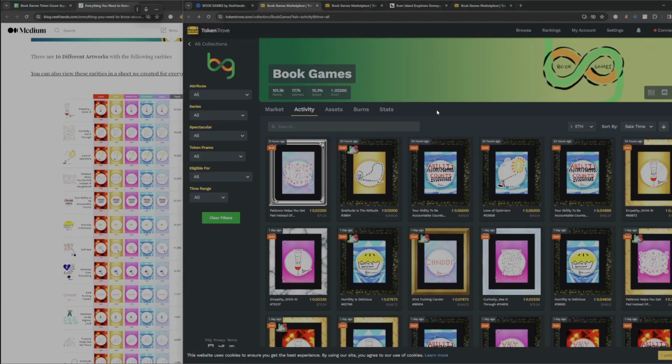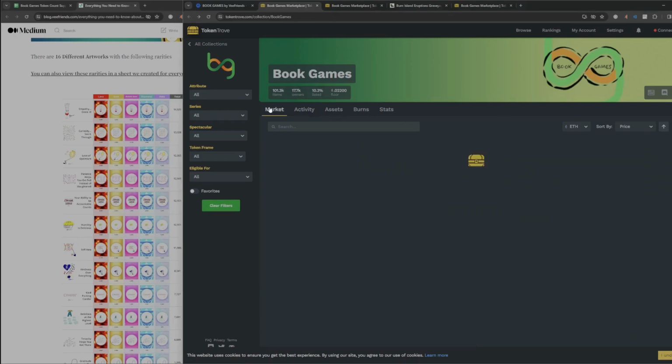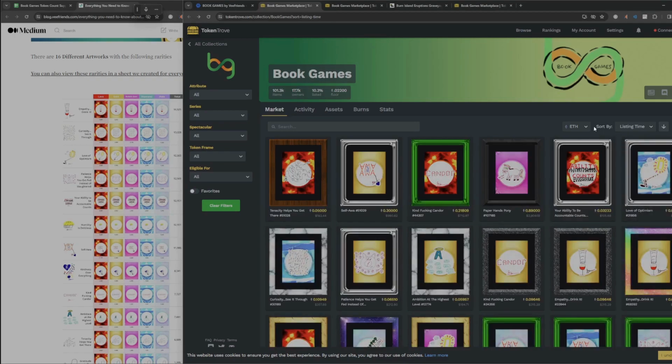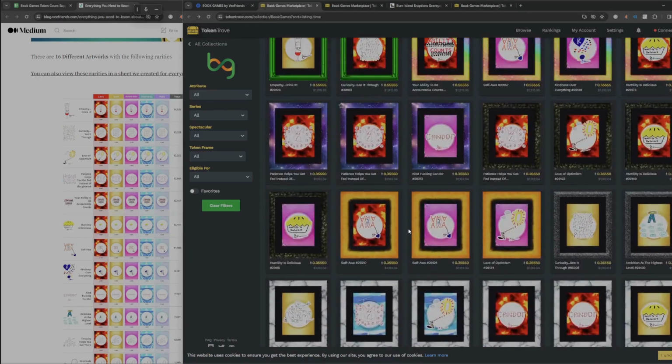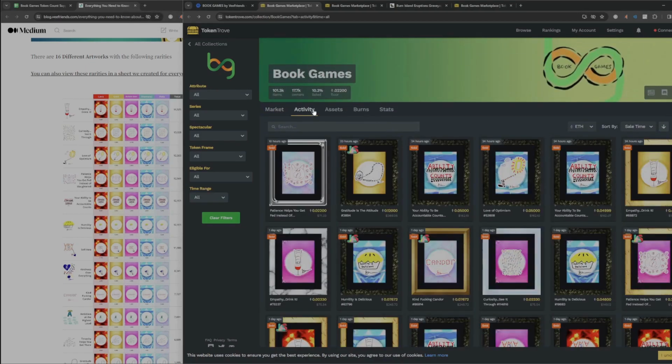So this is part two of, so you finally made it to Token Trove. We're in the activities section, and we changed the sort by from price to sale time. This is crucial because you may or may not be able to use this in terms of how you are able to actualize or be actionable in the marketplace, but this will definitely give you positive signals, similarly to checking market and sorting by listing time, to kind of snipe different things that have been published recently that you may feel are not mispriced.